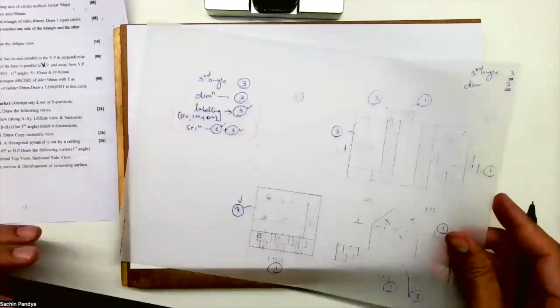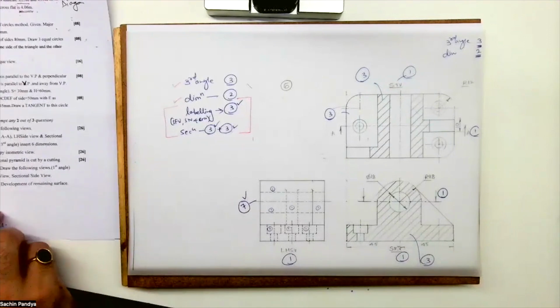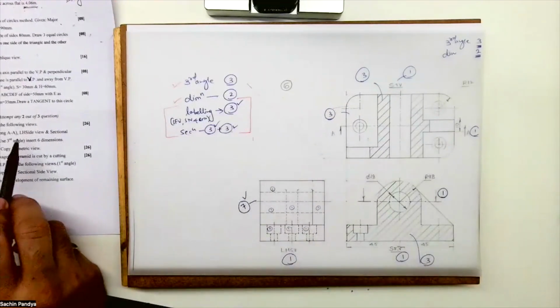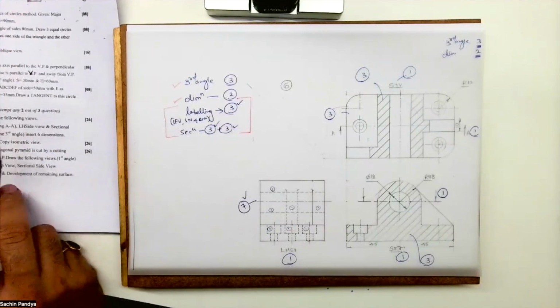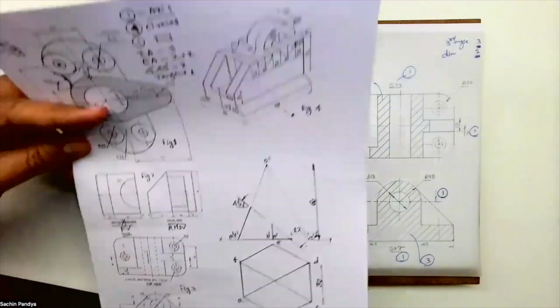Now we'll see sum number 6. See this. Now sum number 6 is what? We need to draw sectional front view along AA. Then we need to draw left hand side view and sectional top view along BB, and it's a third angle sum, and insert 6 dimensions. Now see this.